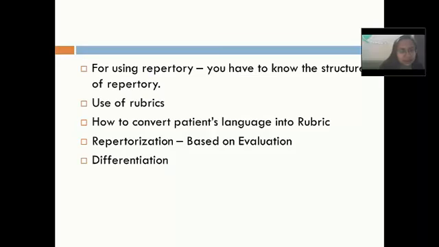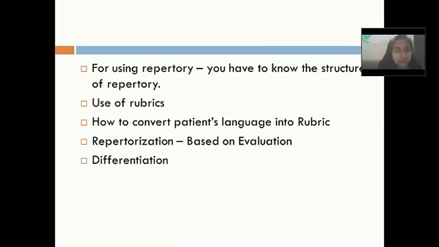For using repertory, what do you need to know? First of all, you have to know the structure of the repertory. There are many commonly used repertories like Kent's repertory, Boenninghausen's repertory, Complete Repertory, Phatak's repertory. So you have to know the structure of different repertories to use them.